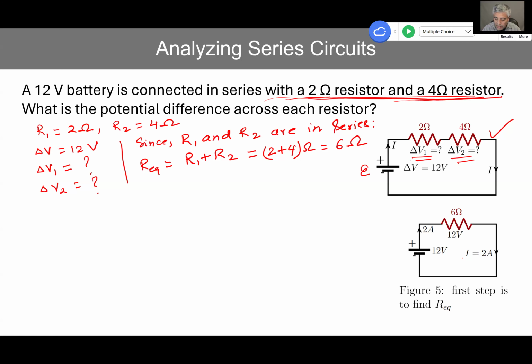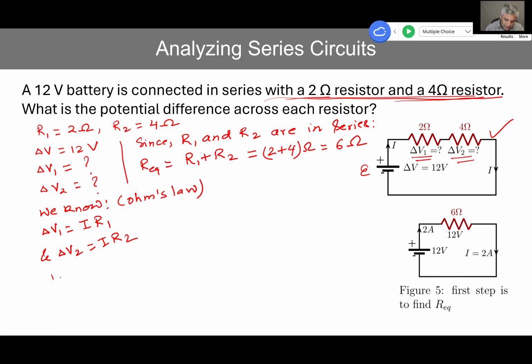current. So why do I need current? Because to find delta V1, we know. So you may be wondering why you are doing that, Ramesh. Because we know delta V1 is, according to Ohm's law, I times R1, and delta V2 is I times R2.